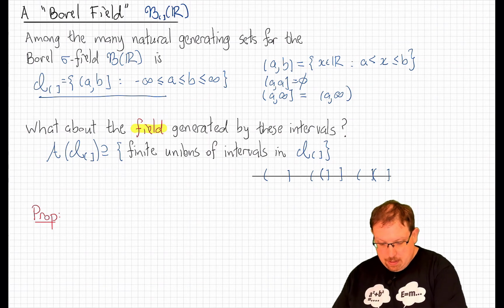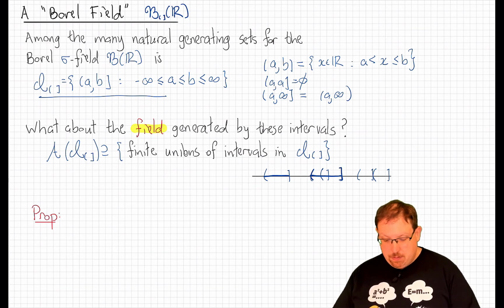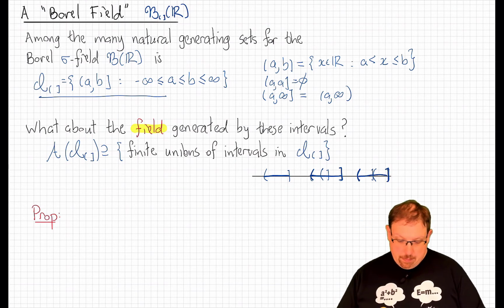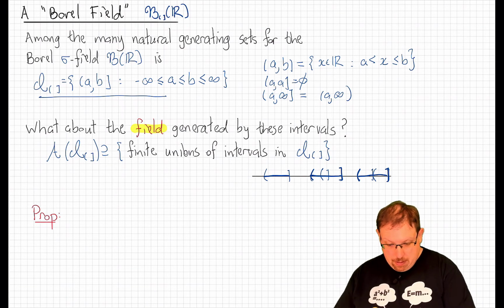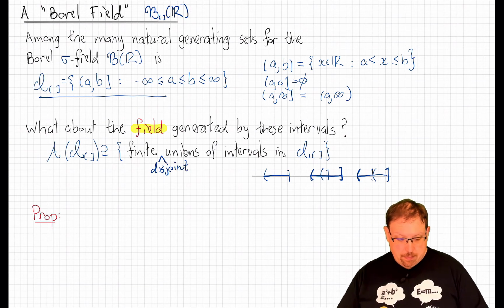Notice that in fact these two merge together to form one bigger half-open interval, and the same is true for these ones, even though they just barely touched. And what we're left with is a disjoint union of intervals of this form.